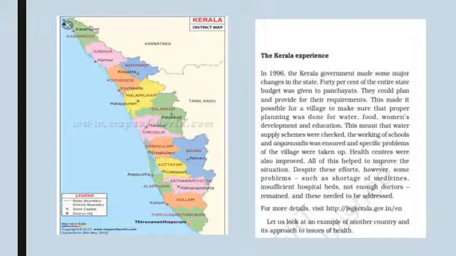This led to positive changes as the amount was used for better health provisions in the villages. For example, proper planning was done for basic amenities like schools, water supply, education, spreading awareness, etc.